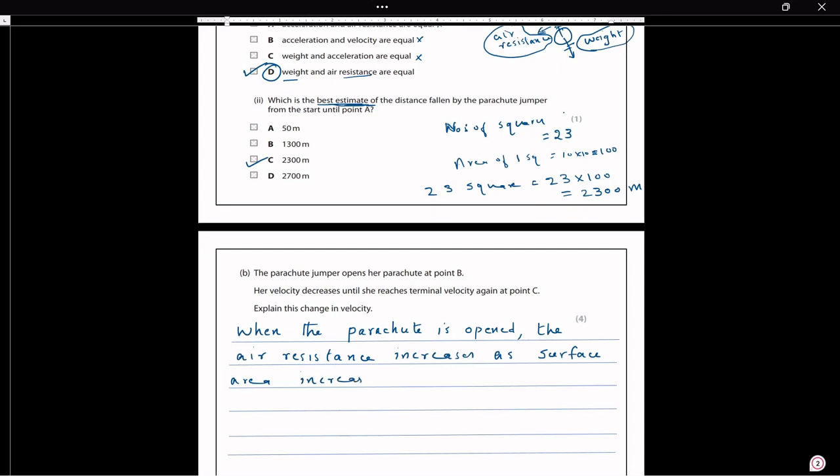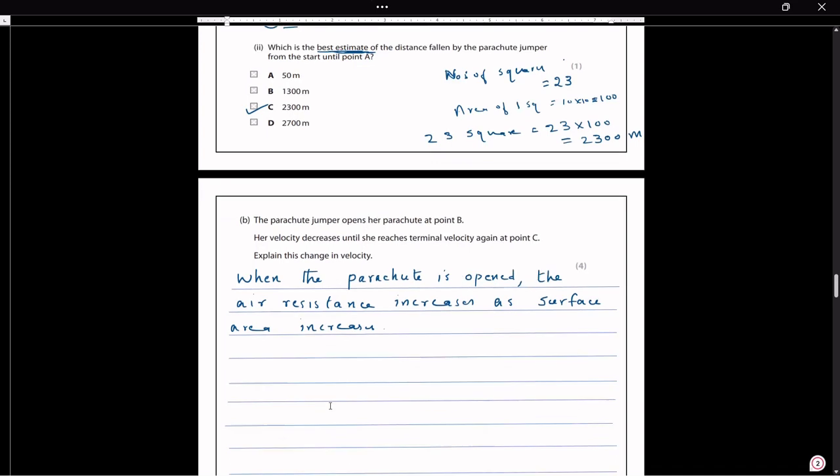Because when the parachute opens, the surface area of the parachute is increased. So as the surface area increases, the air resistance increases. There is always a downward force, the weight, but here when the surface area increases, the air resistance increases. Now the air resistance is greater than the weight.